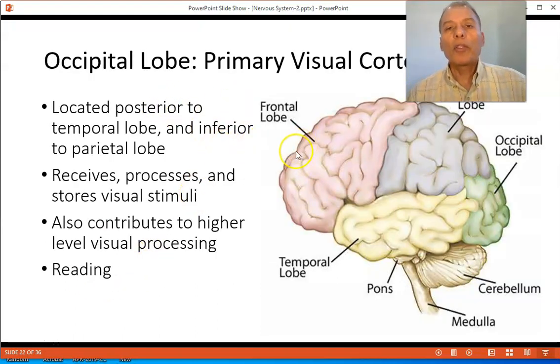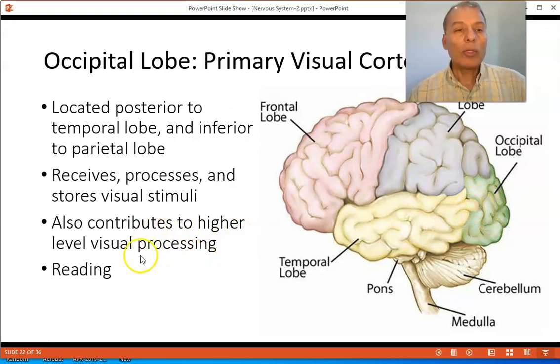The primary visual cortex, we don't spend too much on it. It is the center for processing visual perception, and it is located posterior to the temporal lobe and inferior to the parietal cortex, and it is responsible for storage and processing of visual stimuli.